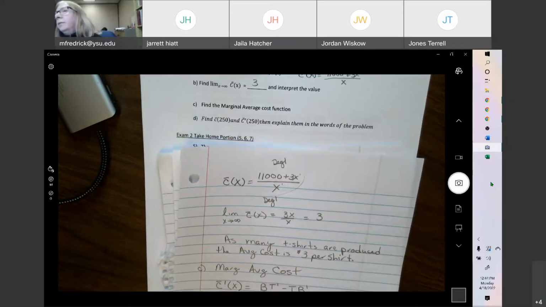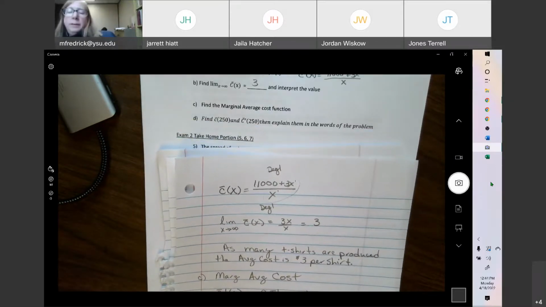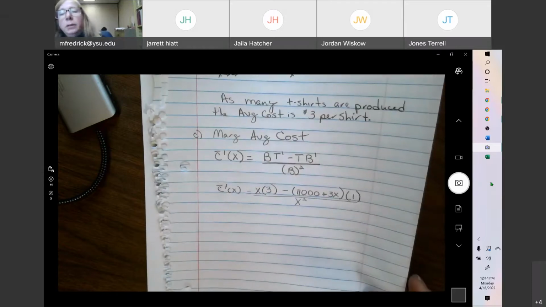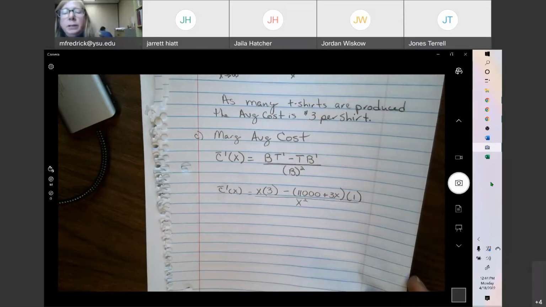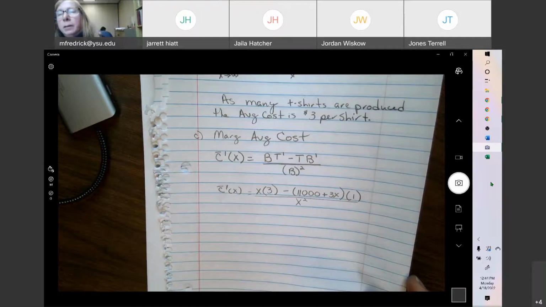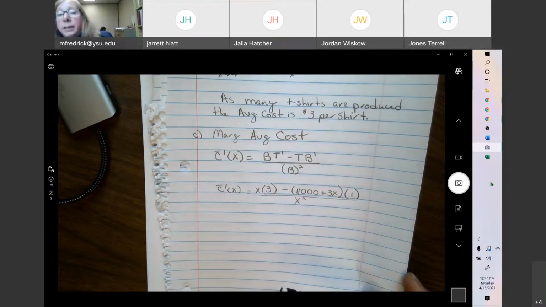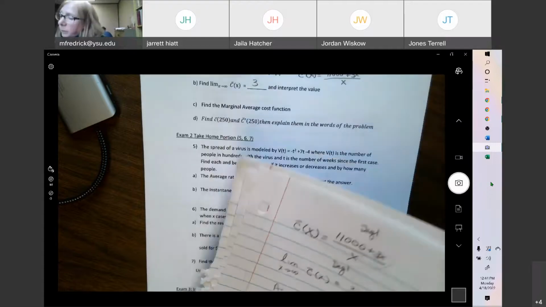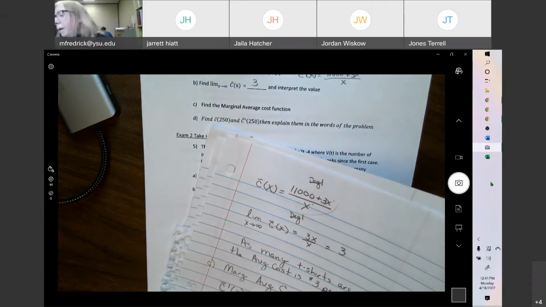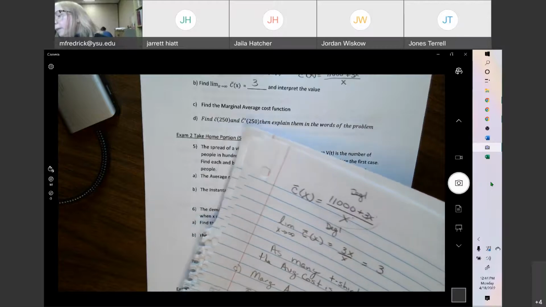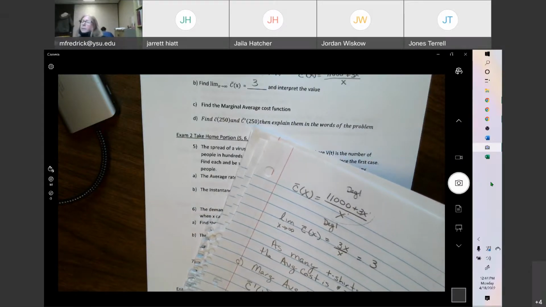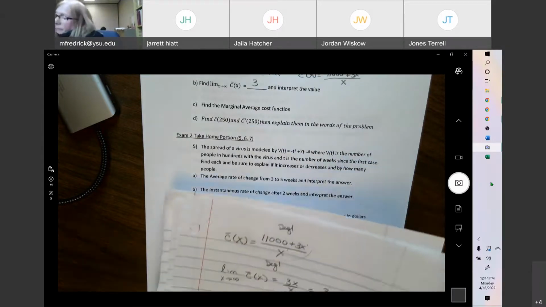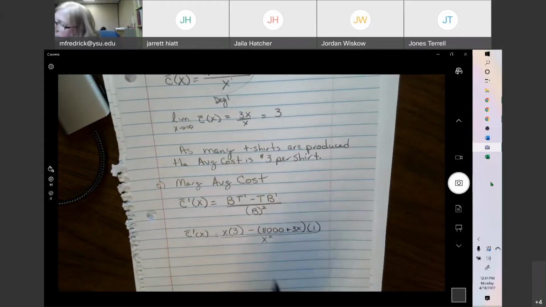Now if I do ask for a derivative, you don't have to simplify it unless you want to. I mean, this one simplifies pretty nice, and we will simplify it. But if you leave it like this, you can plug in for x written as it is. Because we want to find the average cost at 250 and the derivative one. So I'm going to simplify this.